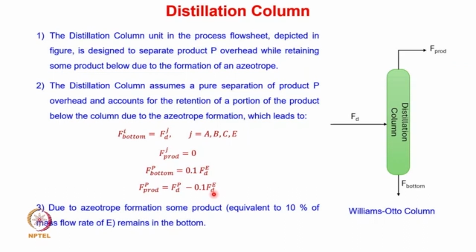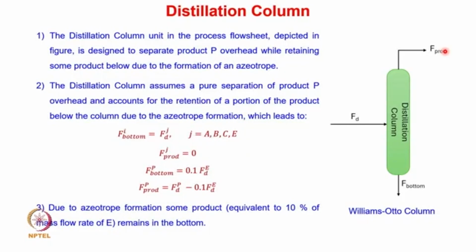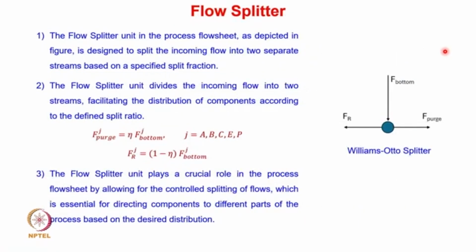So that is subtracted, and the remaining will be separated at the distillate. So you can see that these are the 4 units. Specifically this simple flow sheet is taken because then you will appreciate how these are solved in the modular as well as the equation oriented approach.